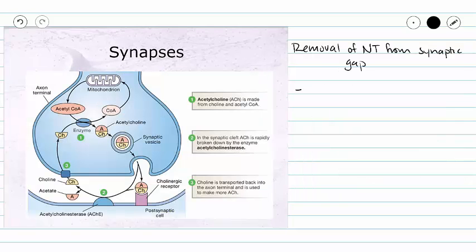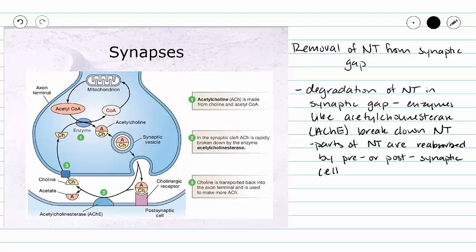A third way that we can remove neurotransmitter from our synaptic gap is to break down that neurotransmitter in the synaptic gap. So here we have an enzyme called acetylcholine esterase.